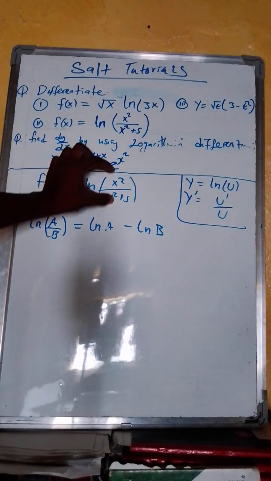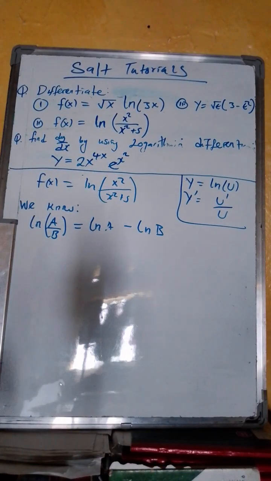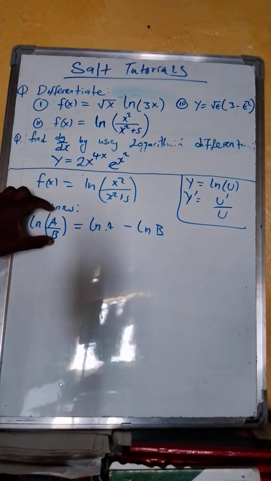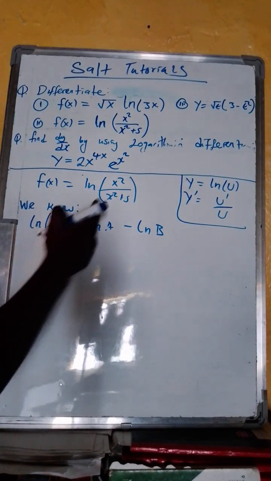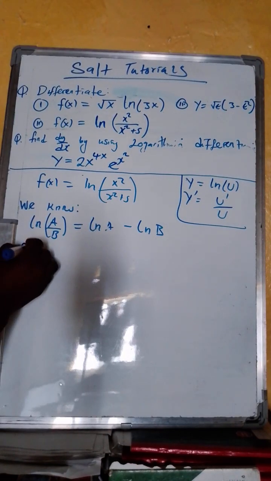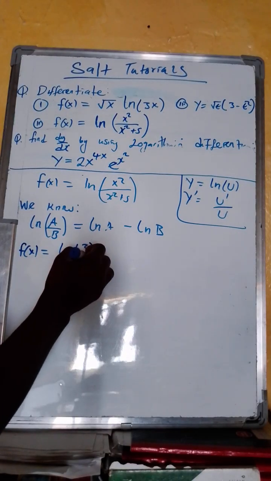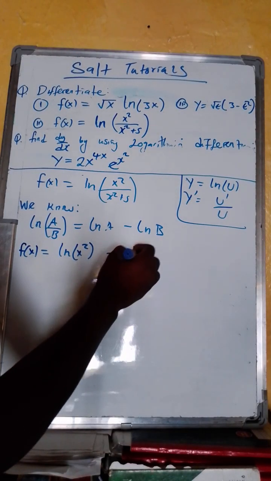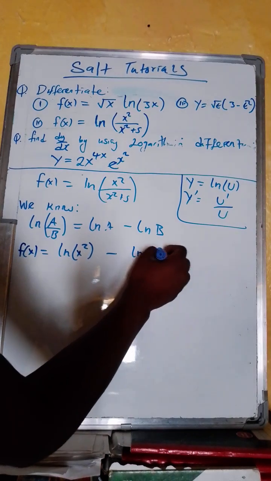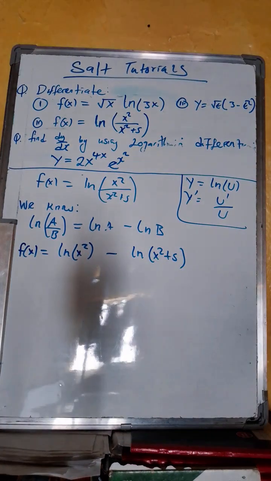But this is a division, so we're going to use the division property of logs. So this can be written as f of x equals the natural log of x squared minus the natural log of x squared plus 5. Things become simple from there.